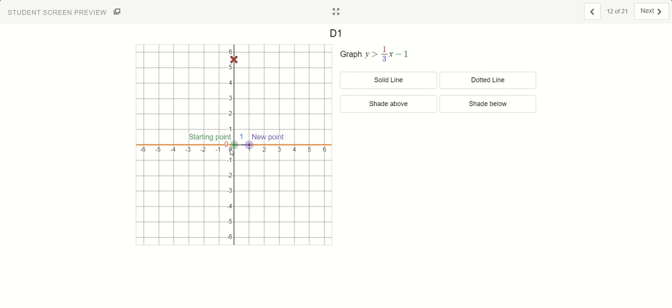So here at negative 1, here's my starting point. And my slope is rise 1, run 3. So from the starting point, I count up 1 and to the side 3. Since it's not equal to, it doesn't have that little dash down here, it's just an inequality. Oh, sorry, my mistake. Since there's no equal sign, we're not going to include this line. We're going to make it a dotted line. And since y is greater than, do you see how the alligator mouth is facing towards y?